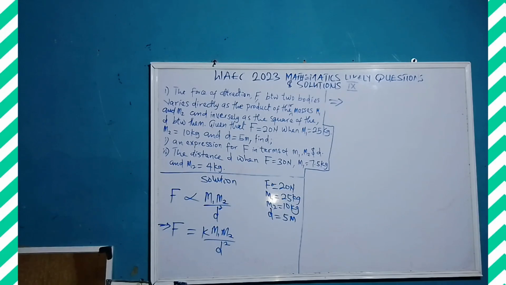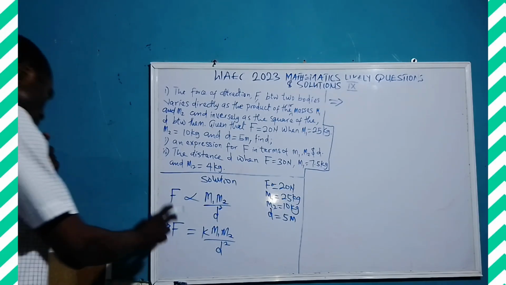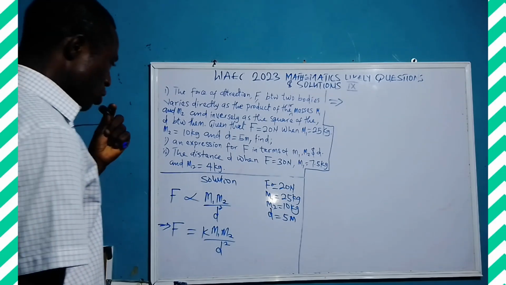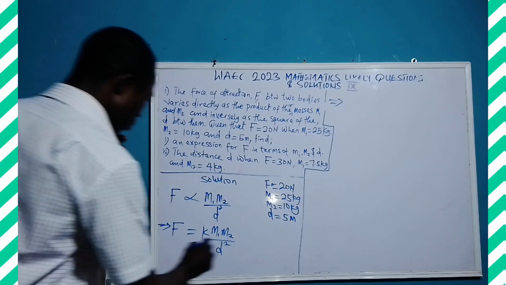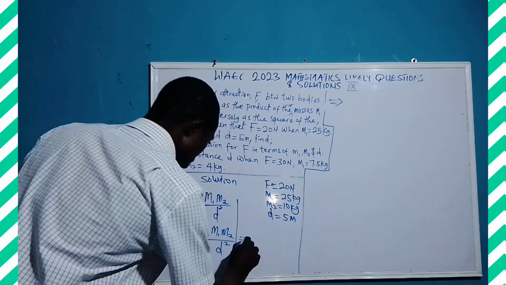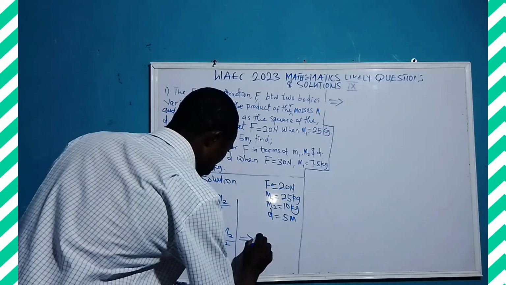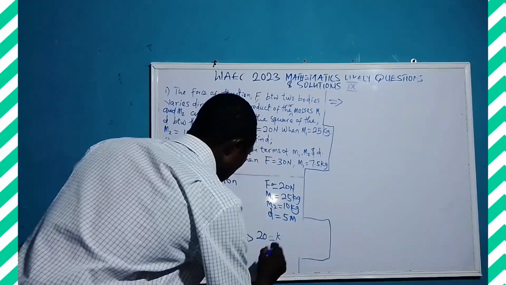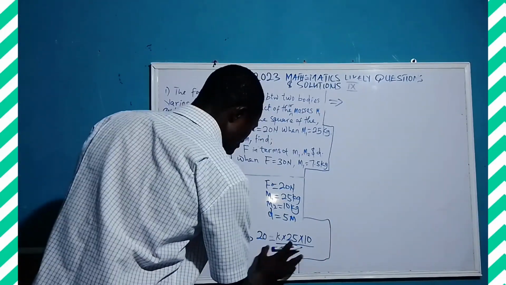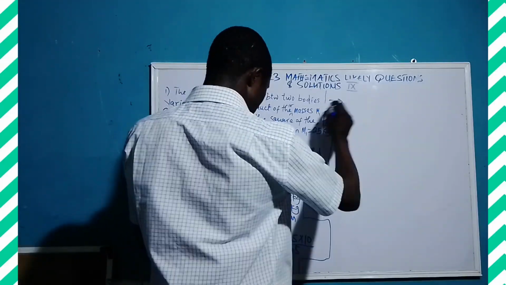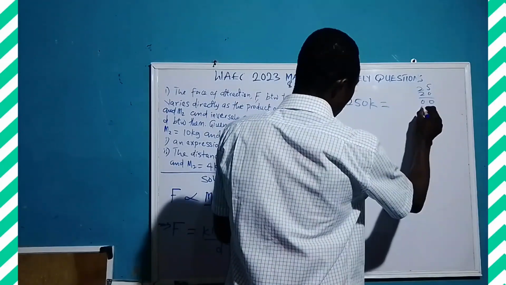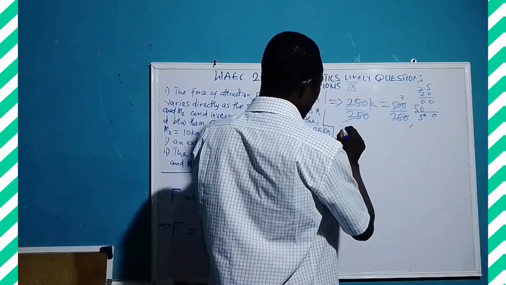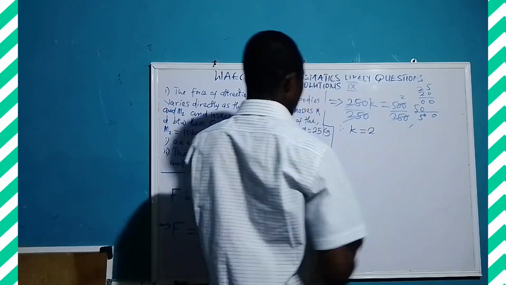The next thing is to insert all the values we are given into this formula accordingly, and from there, we're going to have the value for K. That implies that we have our F to be 20. Therefore, K is equal to 2.